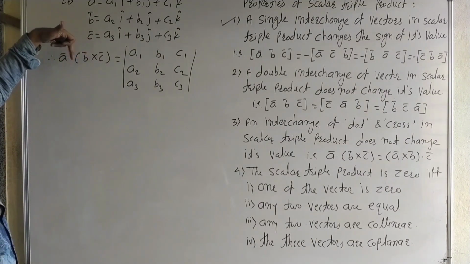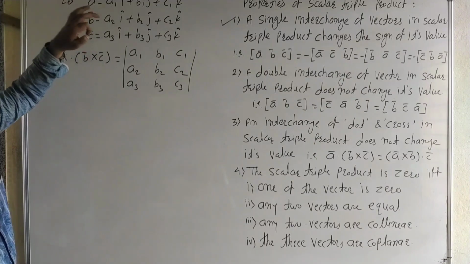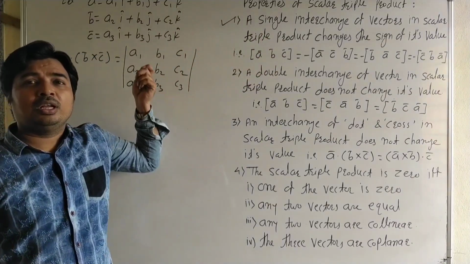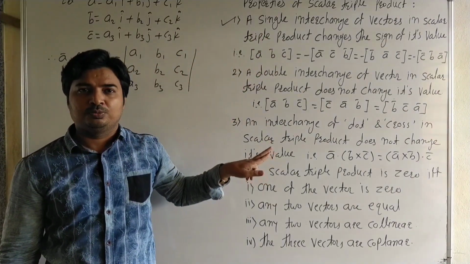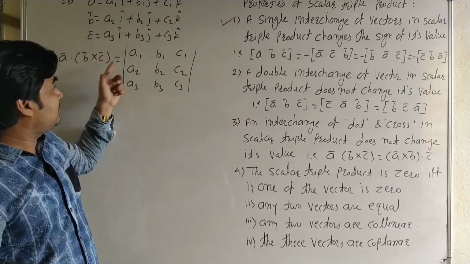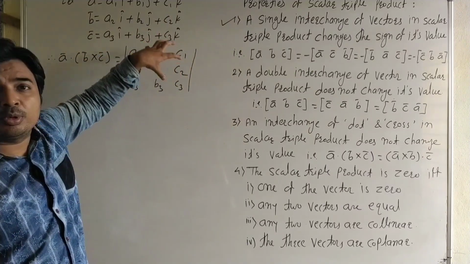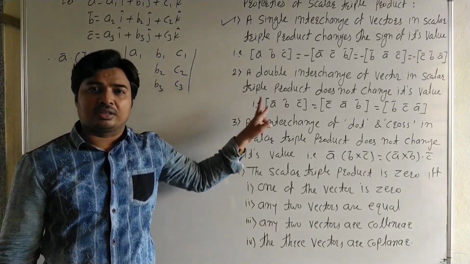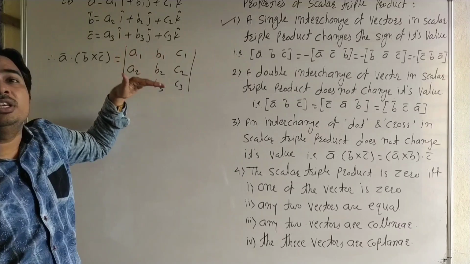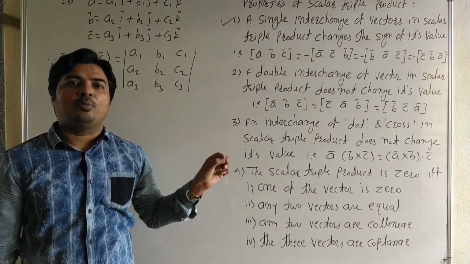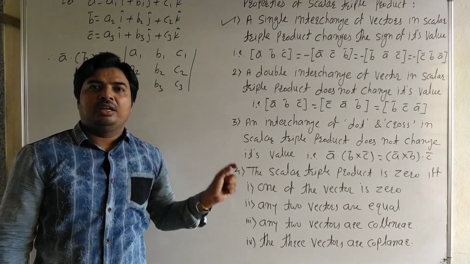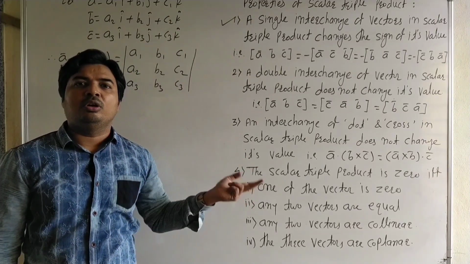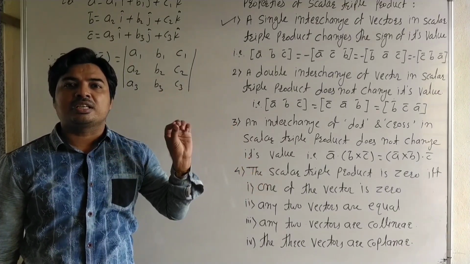In the determinant, that means a single interchange of rows. We know the property of determinants: if any two rows or any two columns are interchanged, then the value of the determinant changes in its sign.